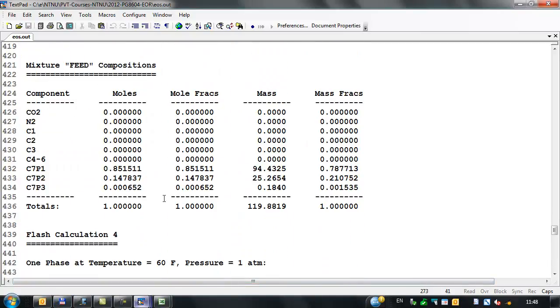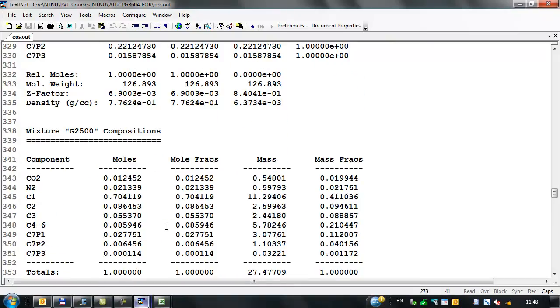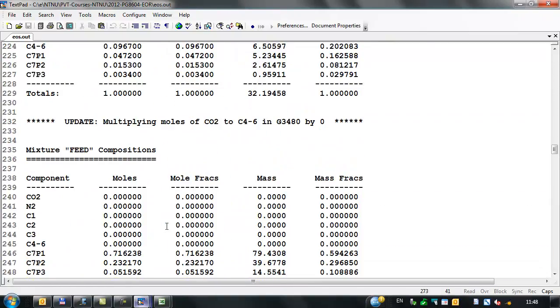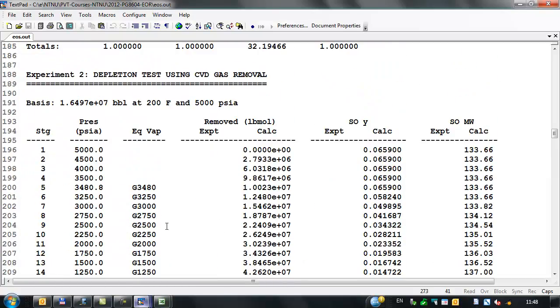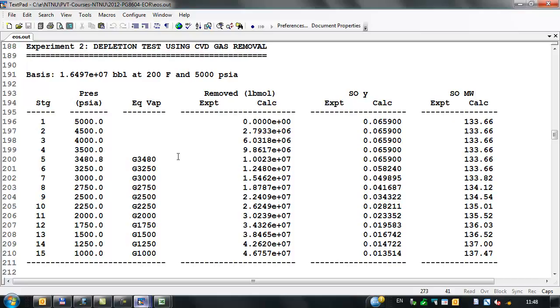Okay, so now the question is, if we take this first mixture and see the CVD test here, can we get the same kind of cumulative gas produced at the dew point? I mean, first we have to get the same GOR from the two.